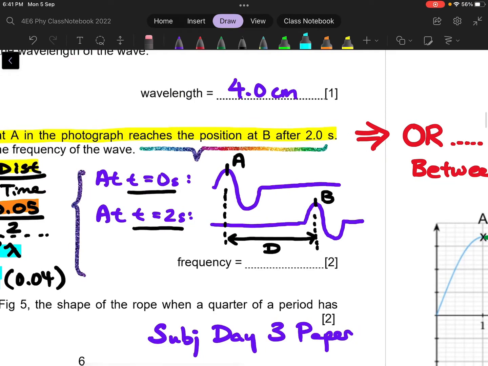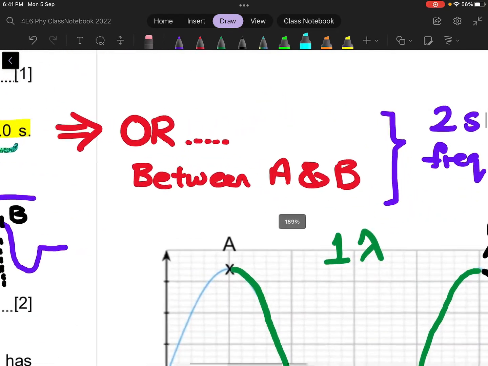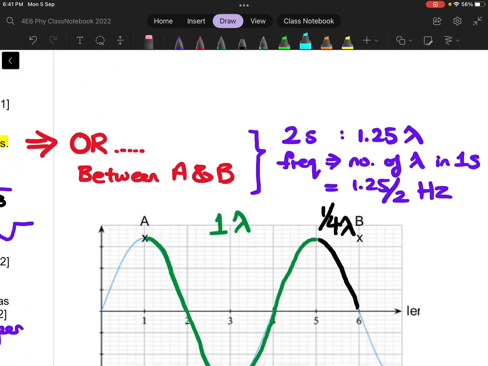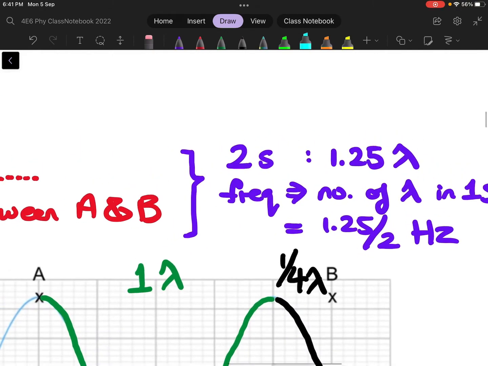Another way of solving it is that you can interpret this yellow statement as: between A and B, it takes 2 seconds to travel.